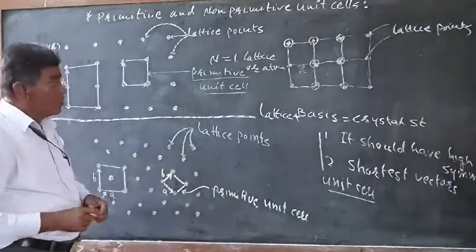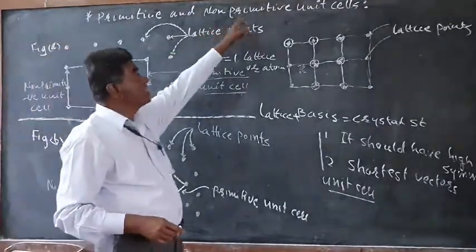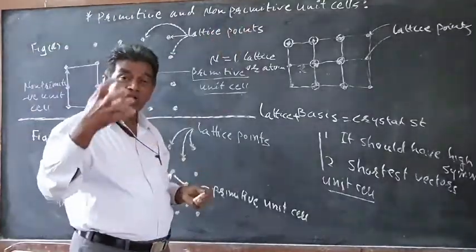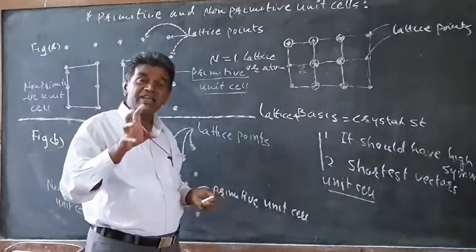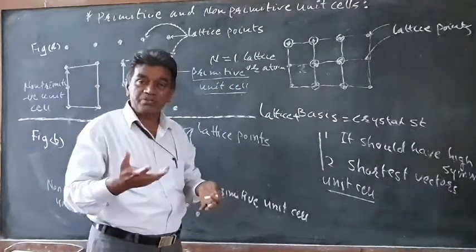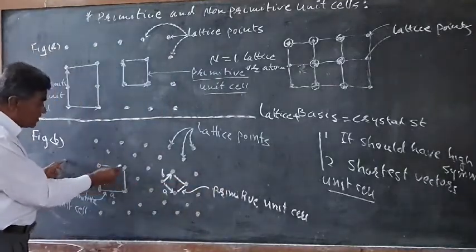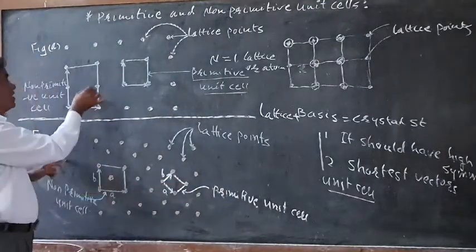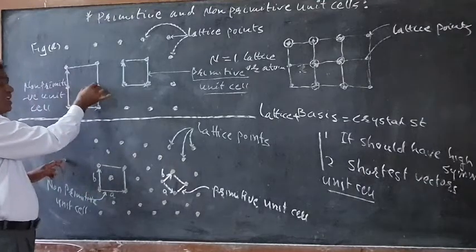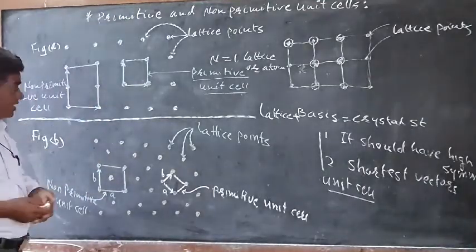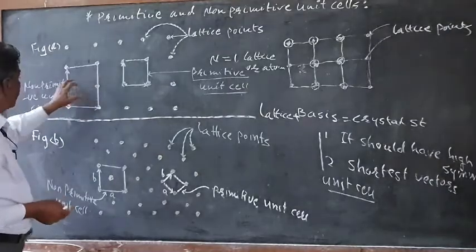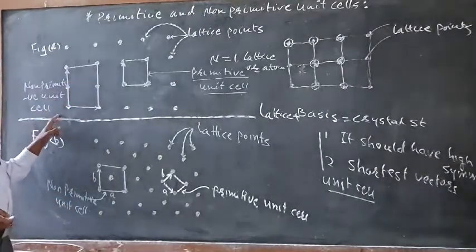This is one kind. While the non-primitive unit cell is another. In addition to the corner atoms, the unit cell may contain extra lattice points or atoms located exactly at the center of the unit cell, or at the center of the faces of the unit cell, or at the bases of the unit cell. Then such a unit cell is known as the non-primitive unit cell.